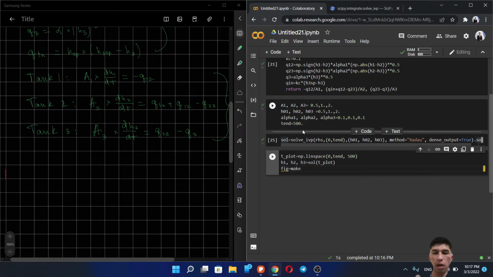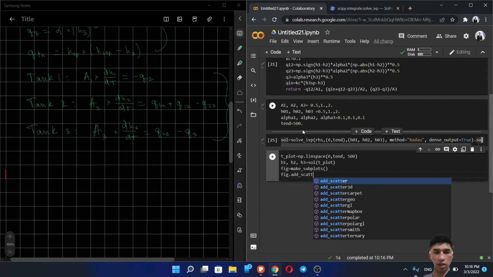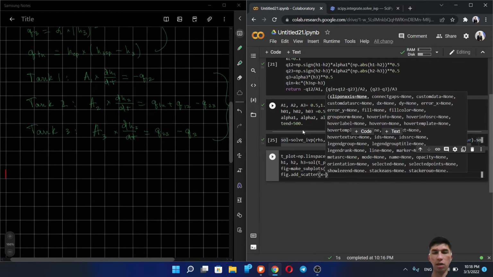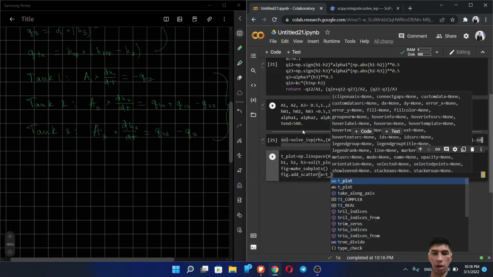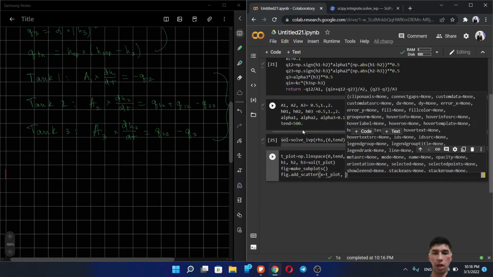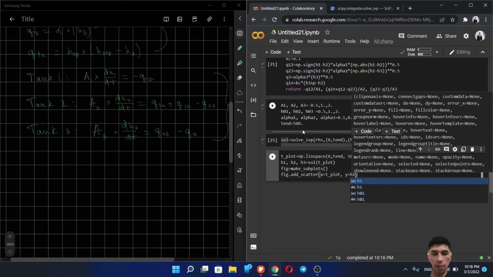Let's add the figure here. It's gonna be make subplots, right? We're gonna open and close the brackets. For figure 1, we're gonna use the scatter plots, so our x value is gonna be equal to our t for plotting purposes, and our y is gonna be equal to our h1, right?